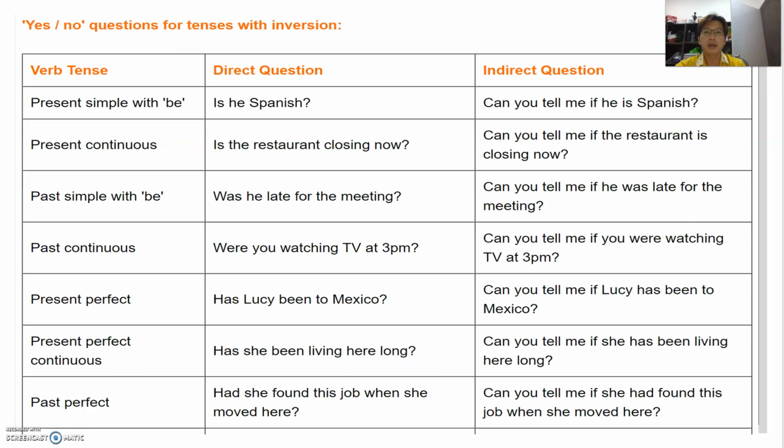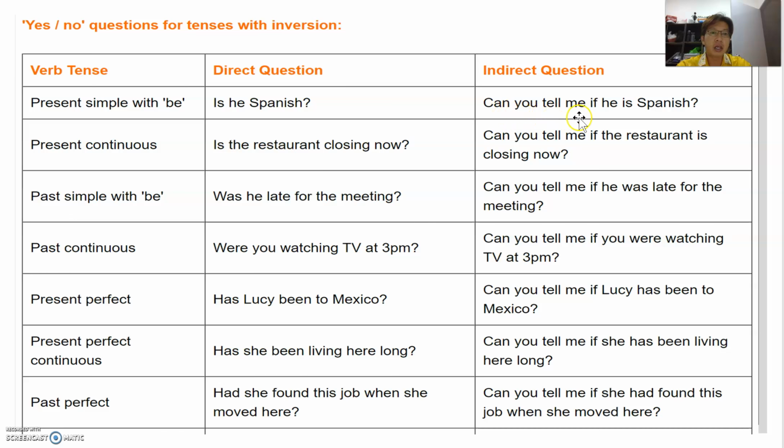Okay, for example, yes or no question for tenses with inversion. Okay, we look at the direct question and indirect question. For direct question, is he Spanish? Okay. For the same question, we can use indirect question.